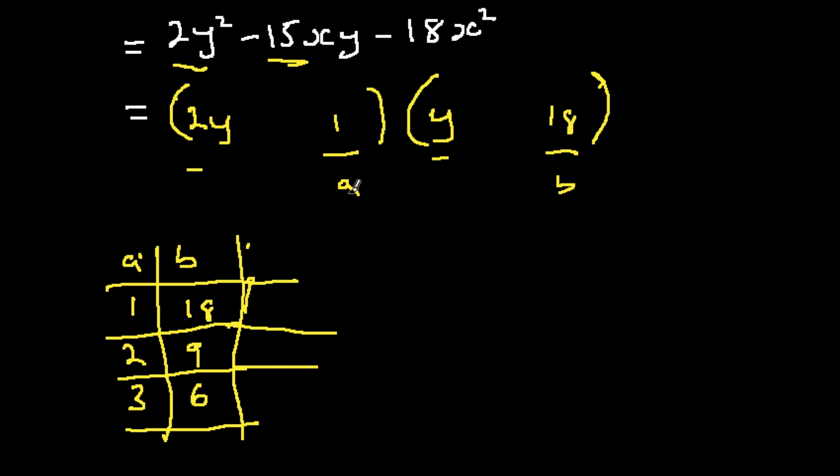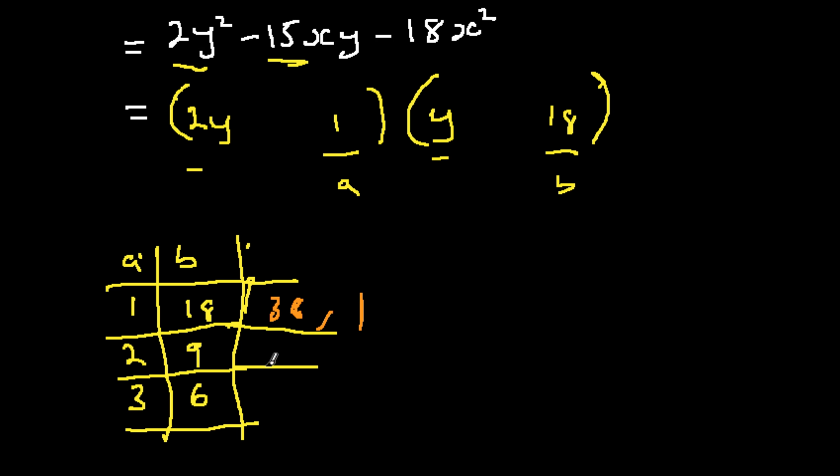If I put 1 and 18 in there, for my middle terms I would end up with 2 times 18, which is 36, and it will also produce 1 times 1 over here for the other middle term. Is there a way to combine 36 and 1 to produce 15?